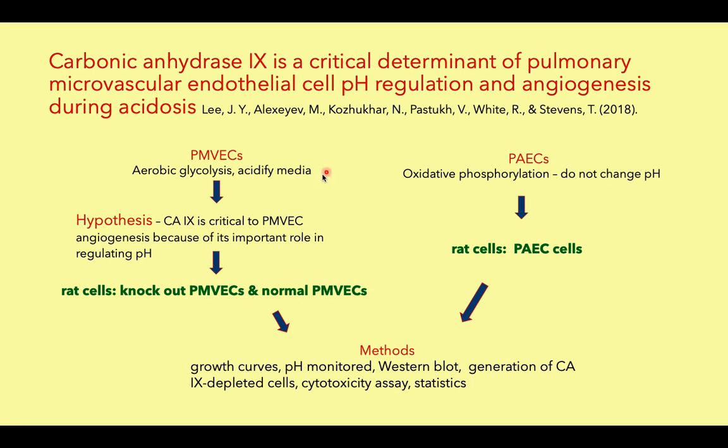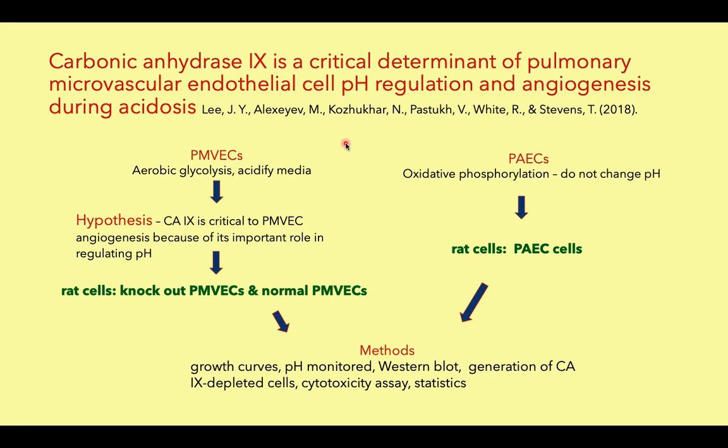And they grew these cells with the idea that in the microvascular cells, they were going to knock out this carbonic anhydrase 9 enzyme. So their hypothesis was that the enzyme is critical to pulmonary microvascular endothelial cell angiogenesis because of its role in regulating pH. So what is its ability to regulate pH?